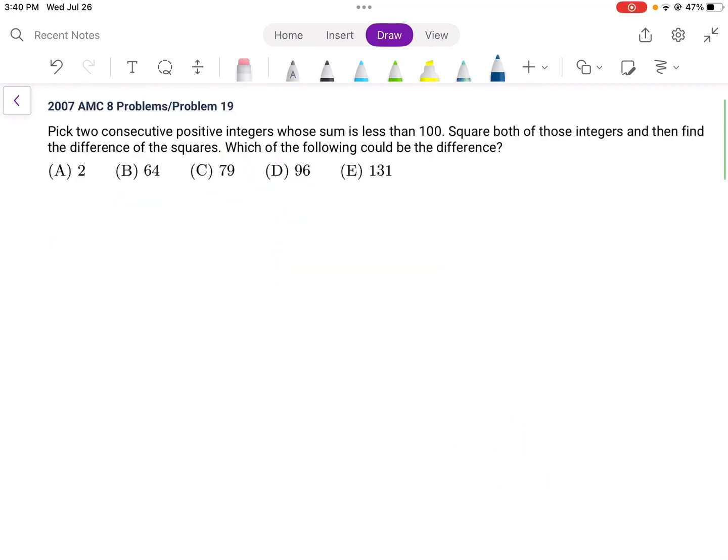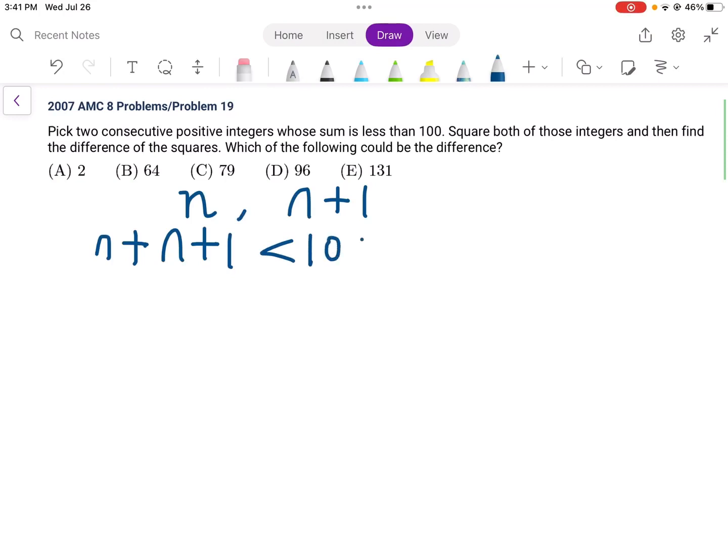Problem 19. Let's assume the two consecutive positive integers are n and n plus 1. Based on the statement in the problem, we know that their sum is less than 100. And based on this, we know that n is smaller than 44.5.